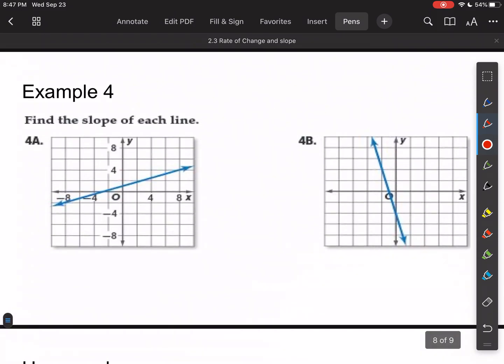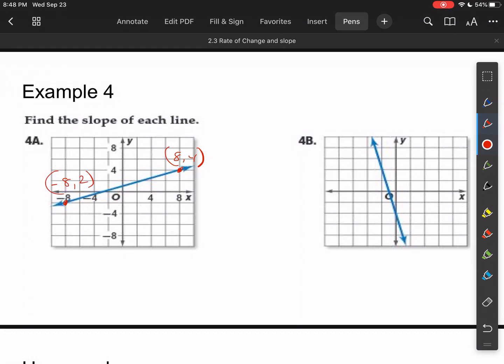Okay, last example, you guys, and then you guys are on your own. So this is a very short lesson. Find the slope of each line. Let's look for a solid point. Looks like we got one here, where we know that that's like 8, 4. And let's look for another one, maybe this one. We have negative 8, 2.